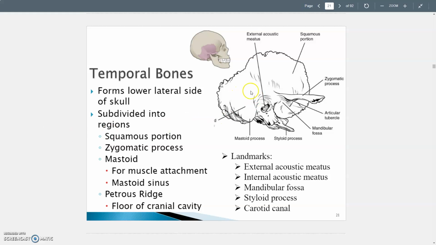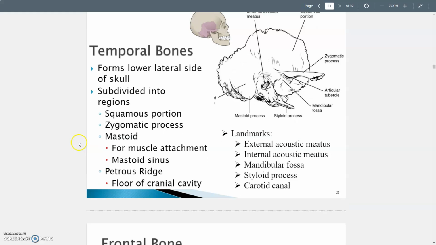So again, we have the same picture that was in the last slide. This is just the temporal bones and the other terms that we should get to know. So there are four different regions that the temporal bones are divided into. First is the squamous portion.